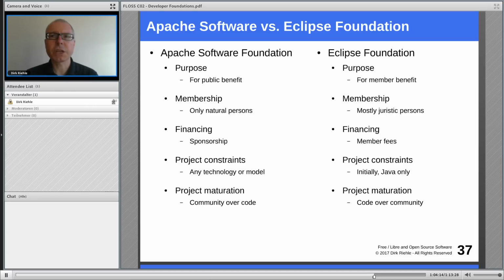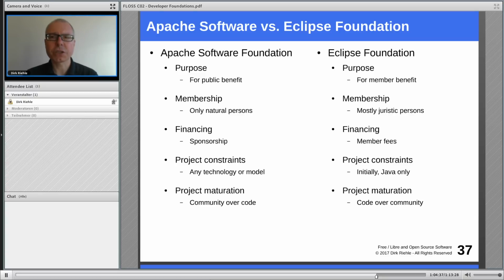The Apache Software Foundation, that's community over code, basically accepts any project if it has a good community. The Eclipse Foundation initially only accepted Java, so I believe these days it also accepts pretty much any technology.